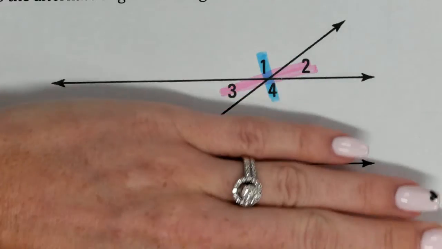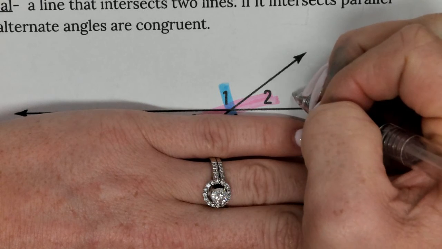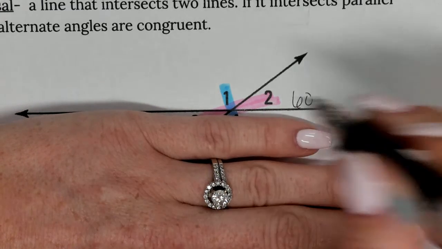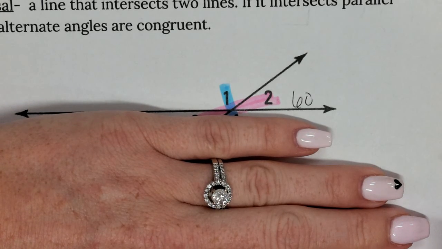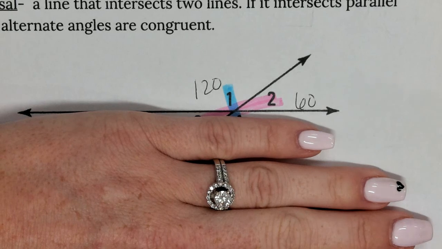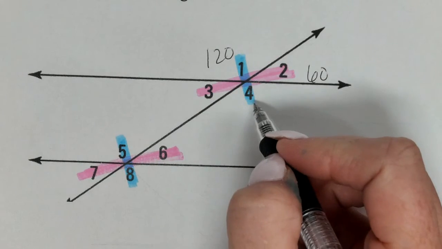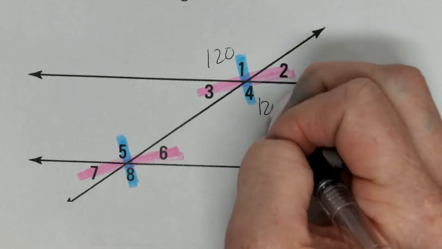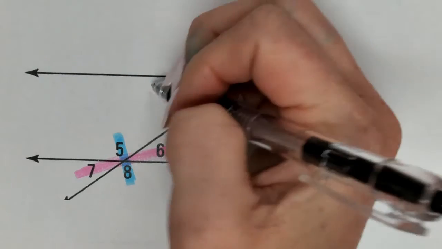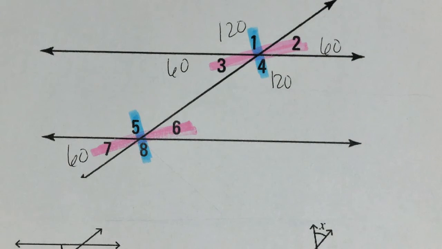If I told you angle 2 is 60 degrees, then what's angle 1? 120. How did you know that? Because you subtracted from 180. So if I said angle 1 is 120, then what's angle 4? 120. What's angle 3? What's angle 7? Do y'all see how easy this is?